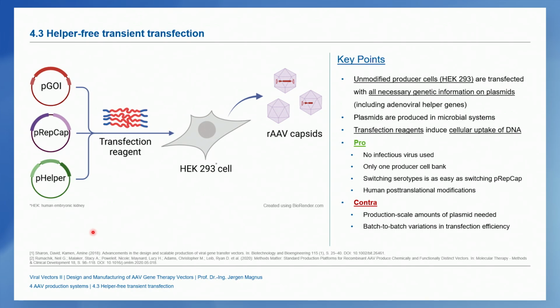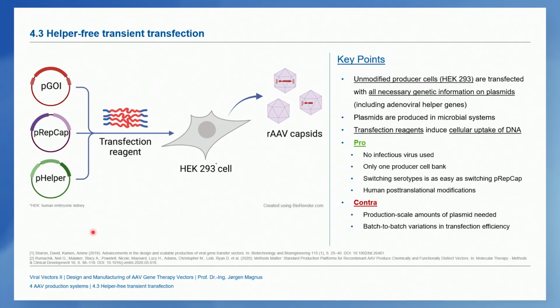And then the most common, and this is certainly more than half, or at least I would say 70% of all processes, depends on this triple transfection process. Here you have 3 different plasmids that carry the 3 different functions. These are the gene of interest, the rep cap, and the helper functions on 3 different separate plasmids.